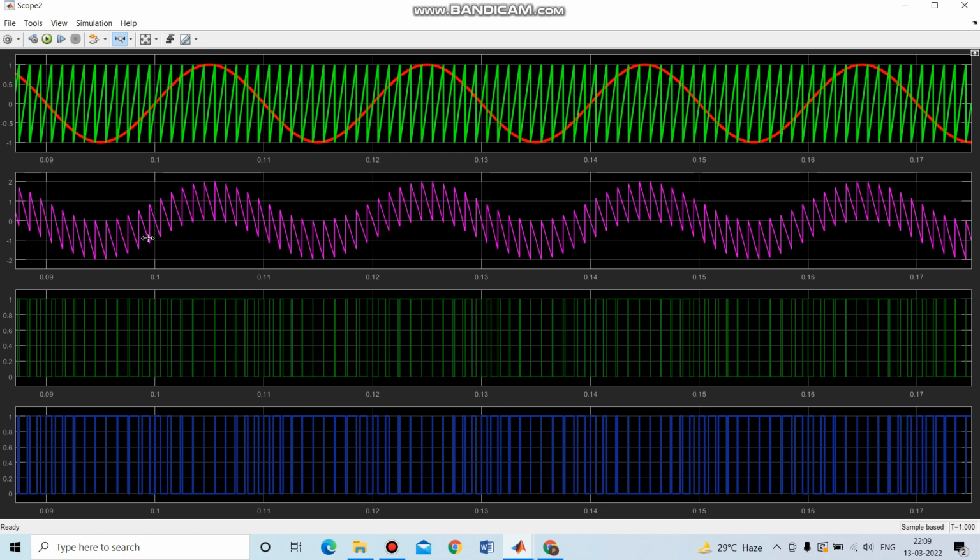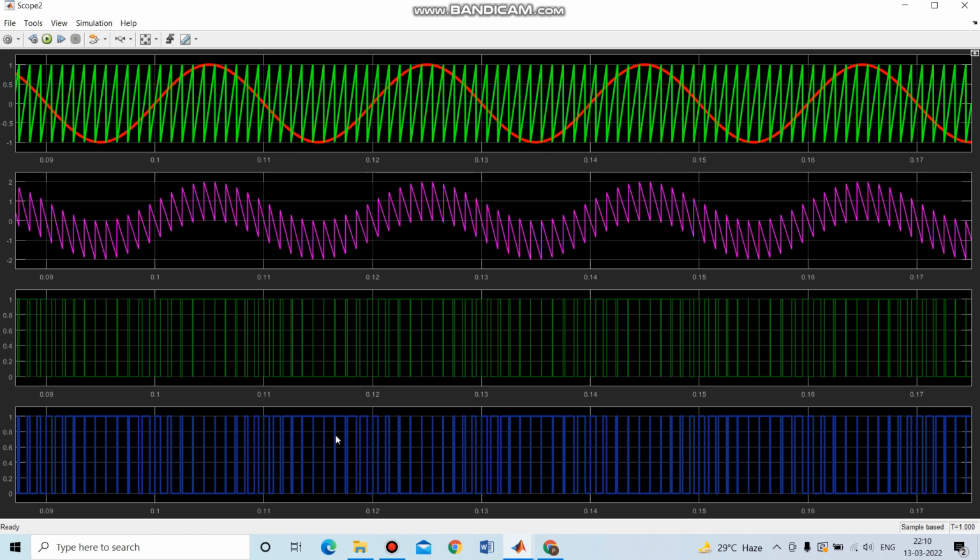This is your sawtooth generator. Here we can see clearly your sine wave, the corresponding sine wave as your reference signal, with the carrier signal, your sawtooth generator. While comparing the sawtooth with your sinusoidal wave, we obtain different pulse widths.